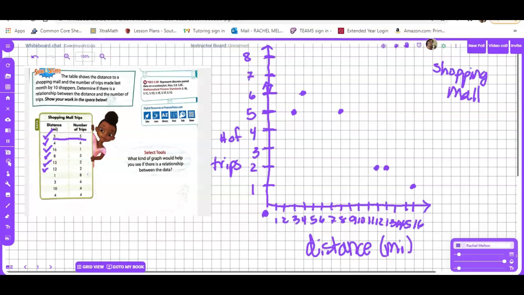Sometimes you make mistakes when you're graphing, and it's okay. You don't have to start over. You just have to fix it. So that's a 1 and 8.